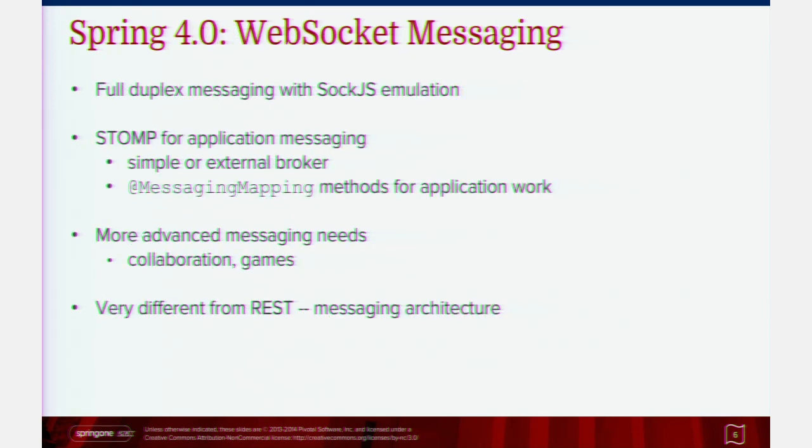without too much change. Then in version 4, we introduced WebSocket messaging support, which is, again, full duplex messaging. In addition to that, we also added SockJS emulation, which means that you have a WebSocket-style API and client. This is both on the client and the server side, and they can send messages to each other.